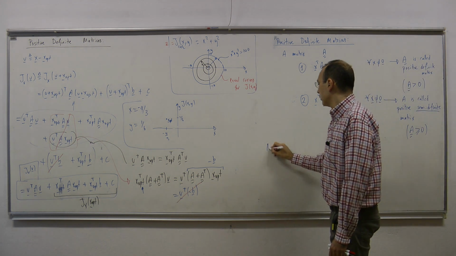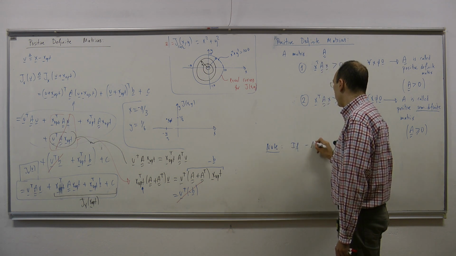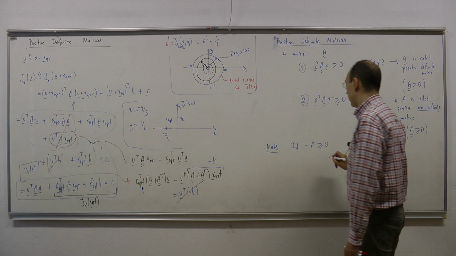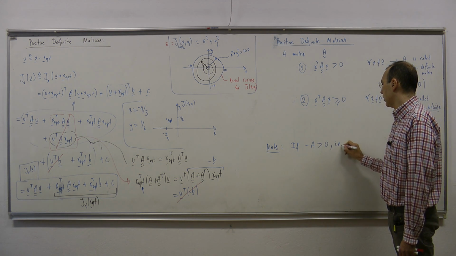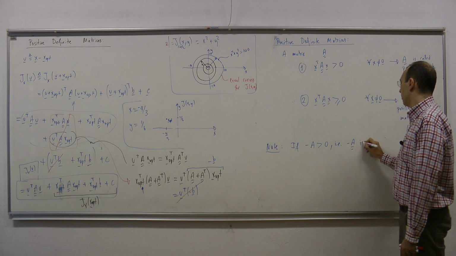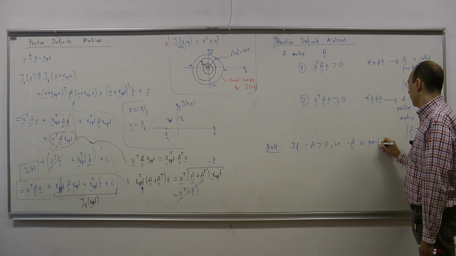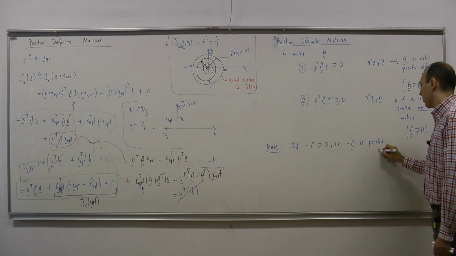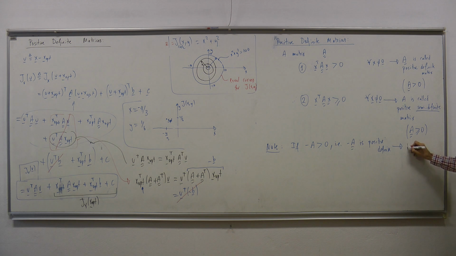So note, if minus A is, now I think it's clear, greater than 0, i.e. minus A is, so I'm multiplying by minus 1, positive definite, sorry, then this is called negative definite.